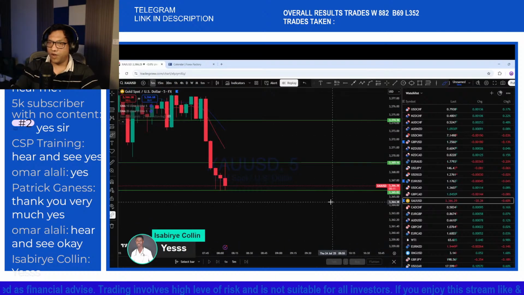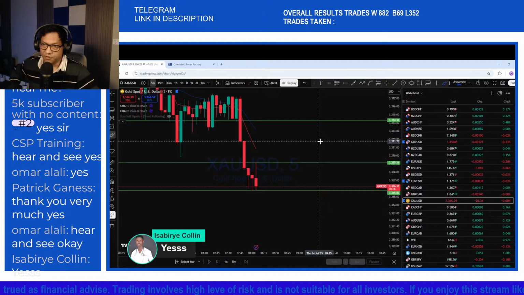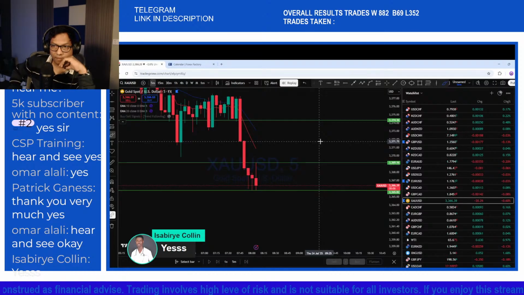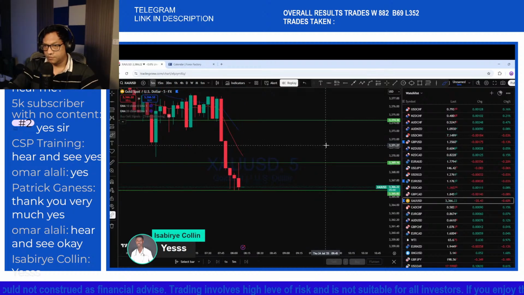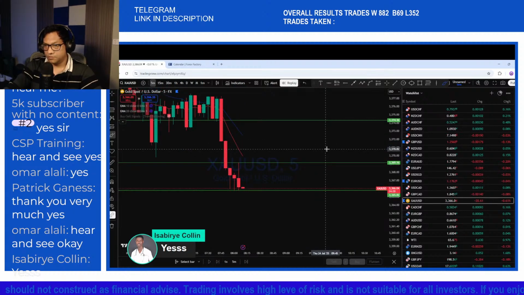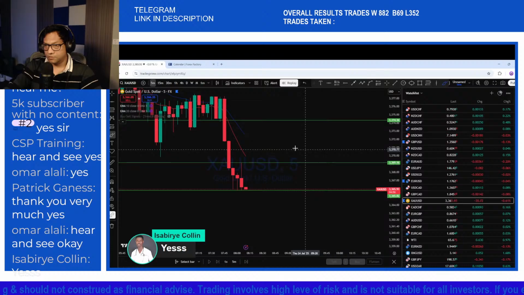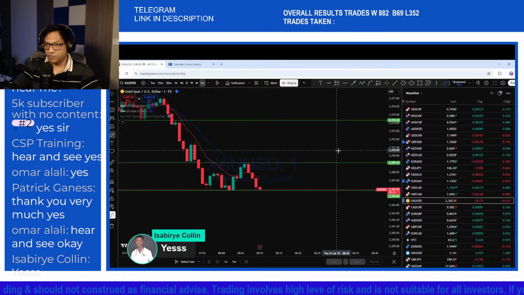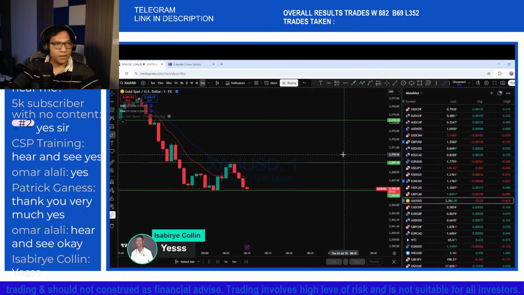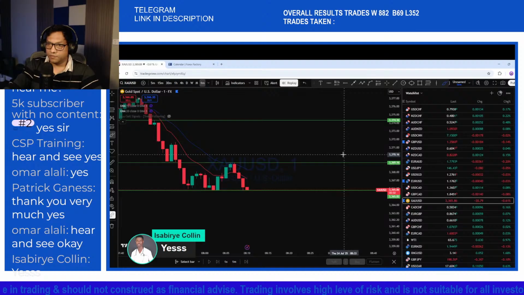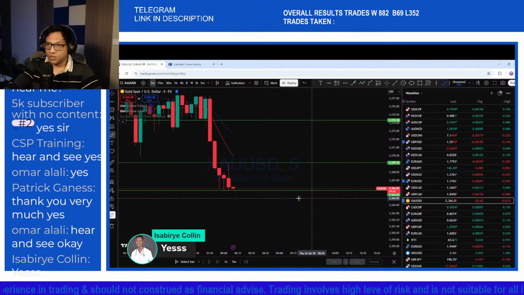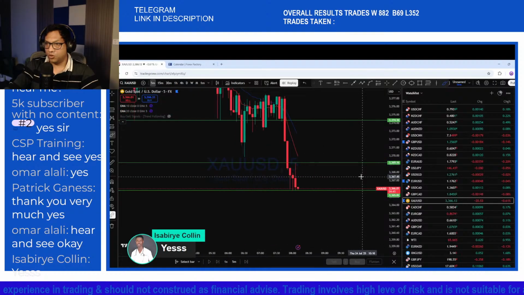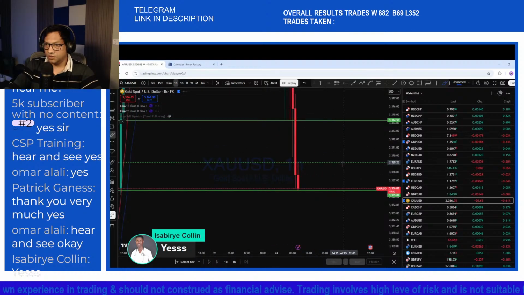So this is the 5 minutes candlestick pattern, a big bear candle with a long bearish engulfer, got a rejection from the top. Now, is this going up again or coming back down?